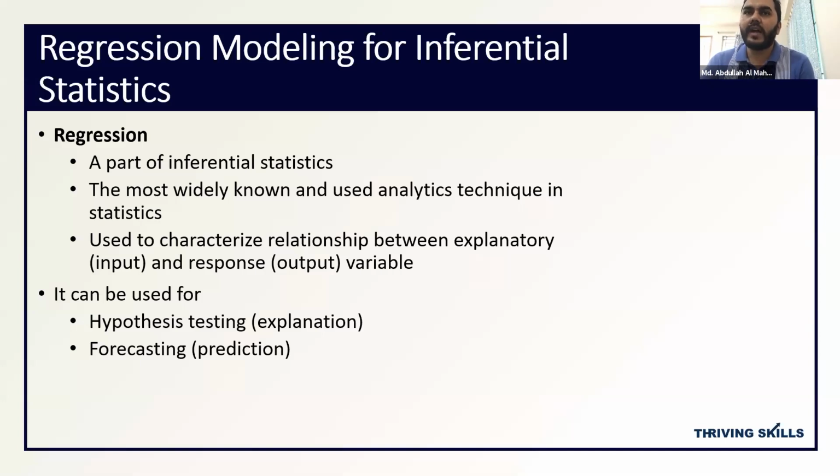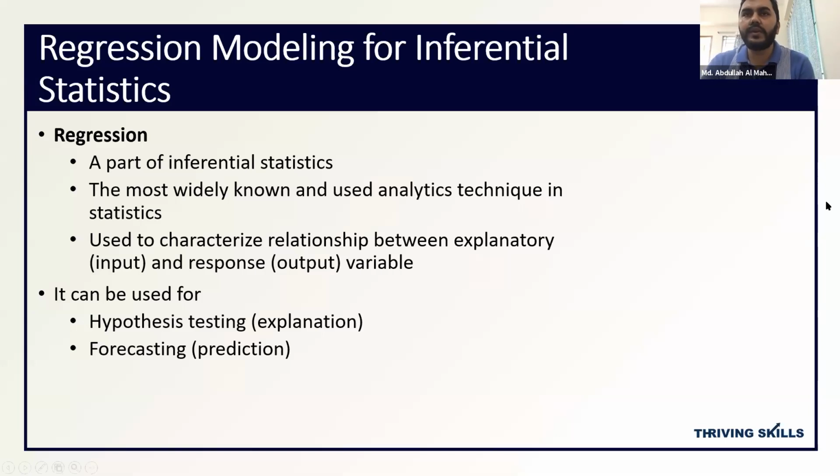If you want to measure any impact between two variables, whether one variable has an impact on another, you can do that through regression analysis. It can be used for hypothesis testing or forecasting.